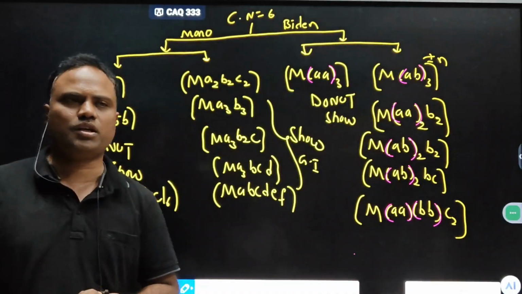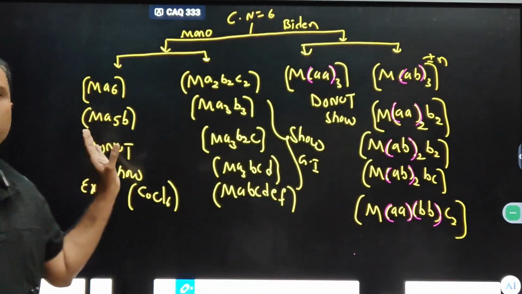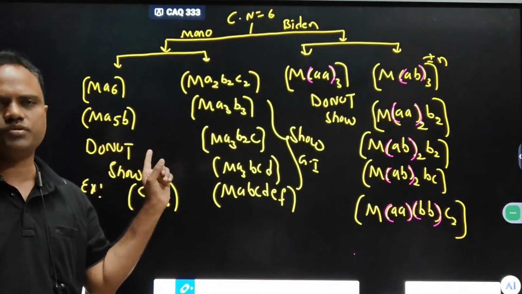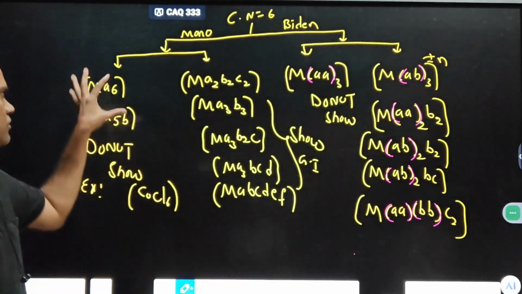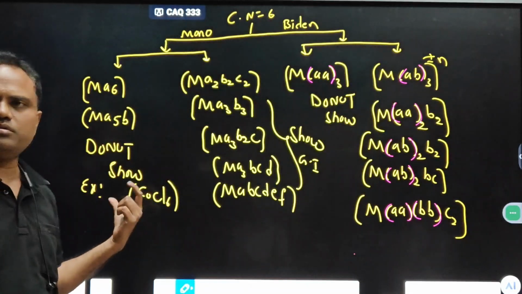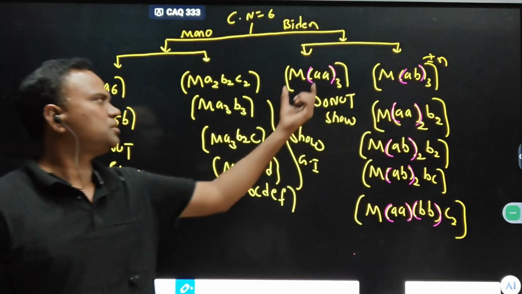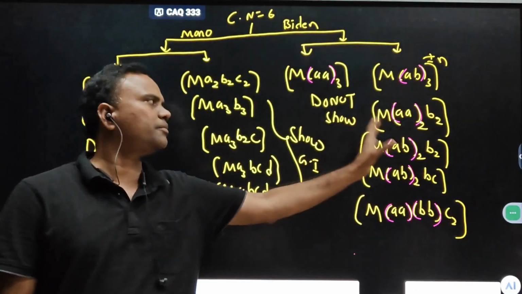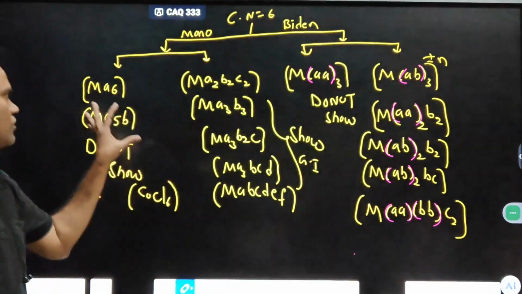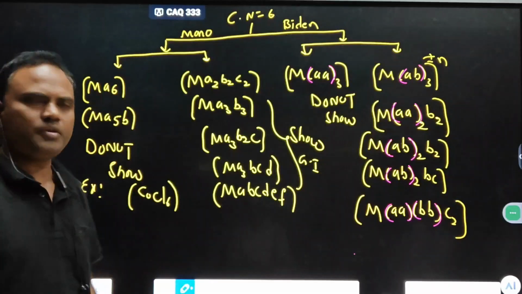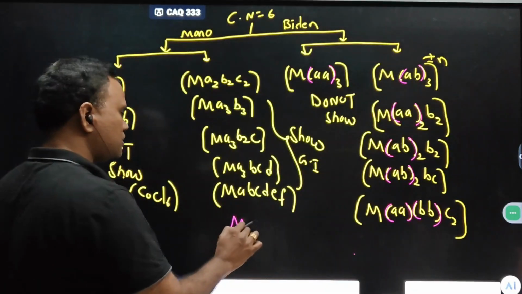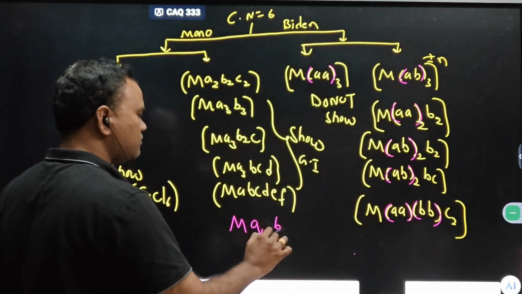So what is the simple trick? Remember the format which do not show. This list is very easy, right? Remember which do not show. Remaining show. For example, if I give here this one, MA4B2.